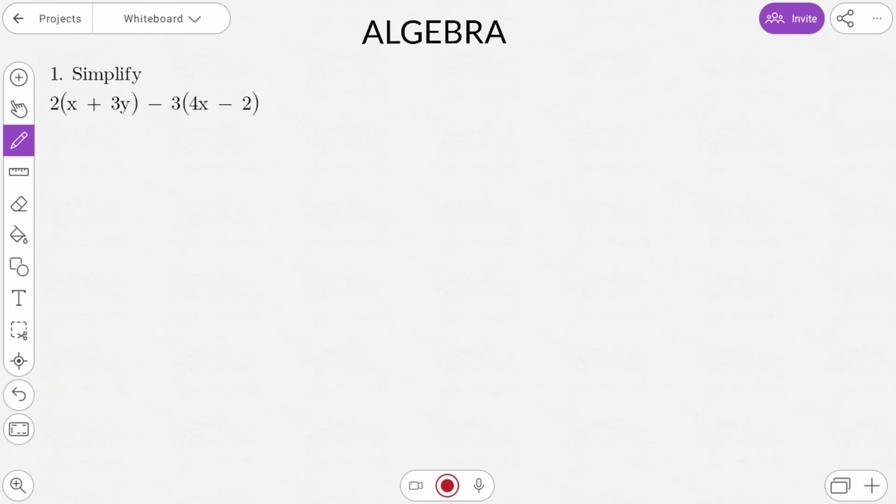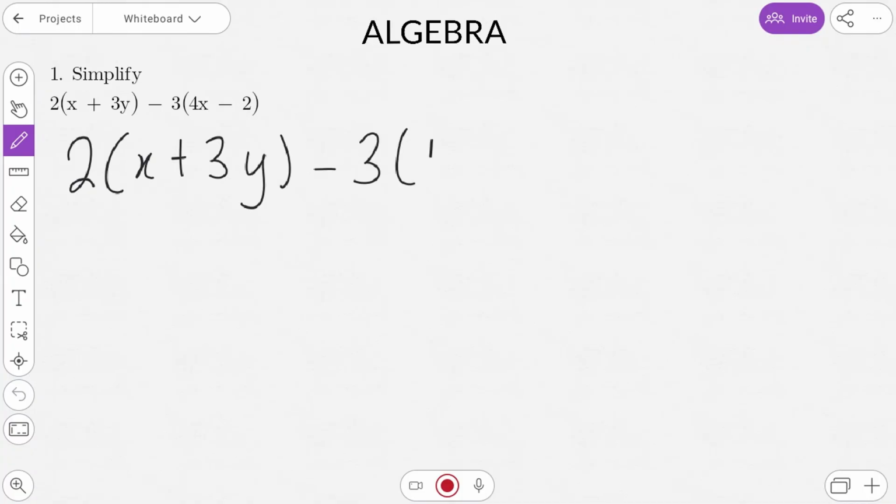Okay, so we have 2(x + 3y) - 3(4x - 2). So the first step we are going to take in this question will be expanding the bracket.